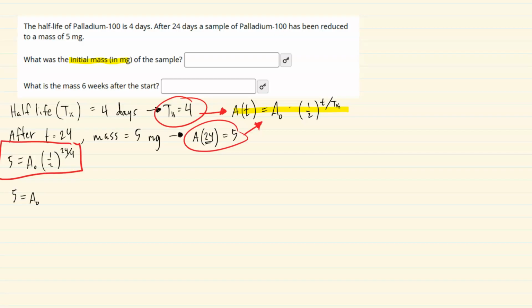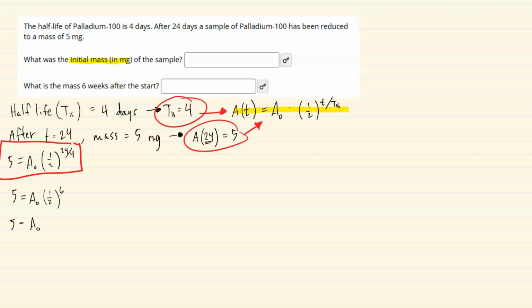Let's simplify this a bit. 1/2 raised to the 24 divided by 4 is 6. So that would give us 5 equals A sub 0 times 1/2 to the 6. 1/2 to the 6 is 1 divided by 2 to the 6th power. 2 to the 6th power is 64. You can check that on a calculator.